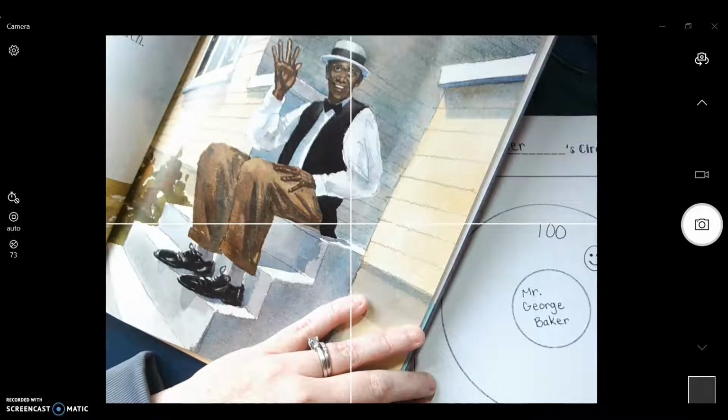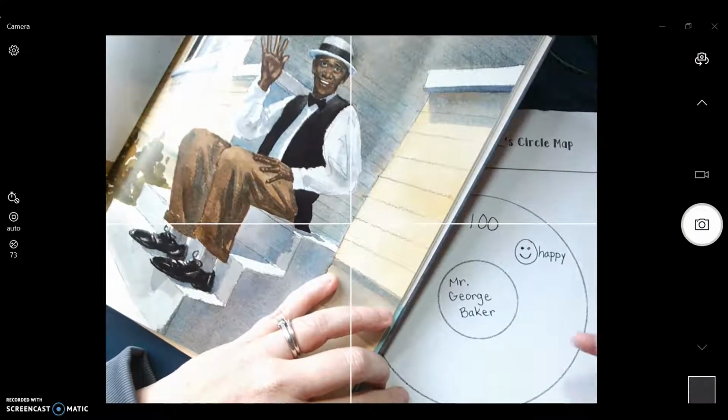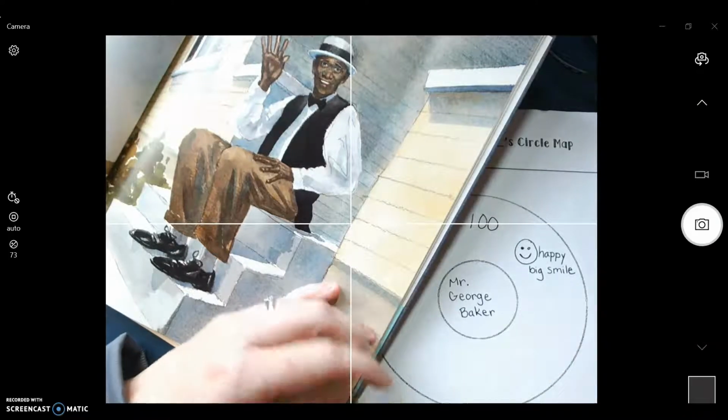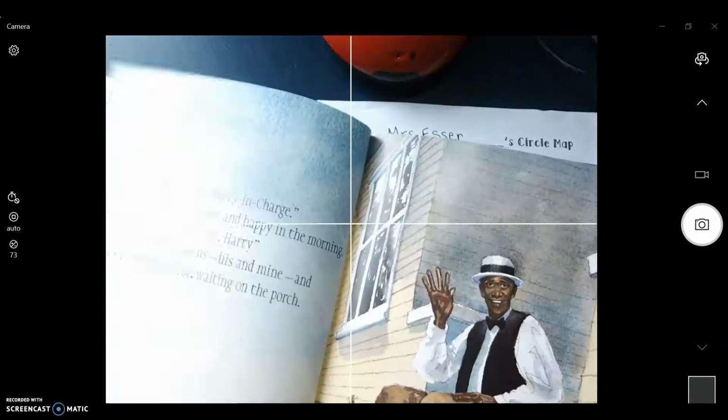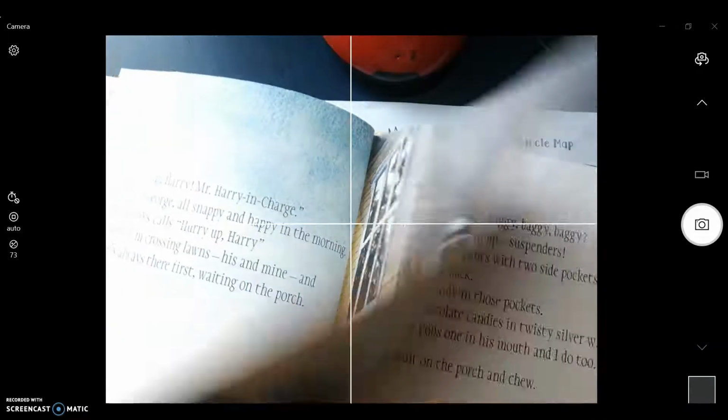I think I might write that word here too. Happy, right? Or the word happy. I might also write the words big smile. Okay? And those are words that would describe Mr. Baker so far in our story. All right, let's see what happens next.